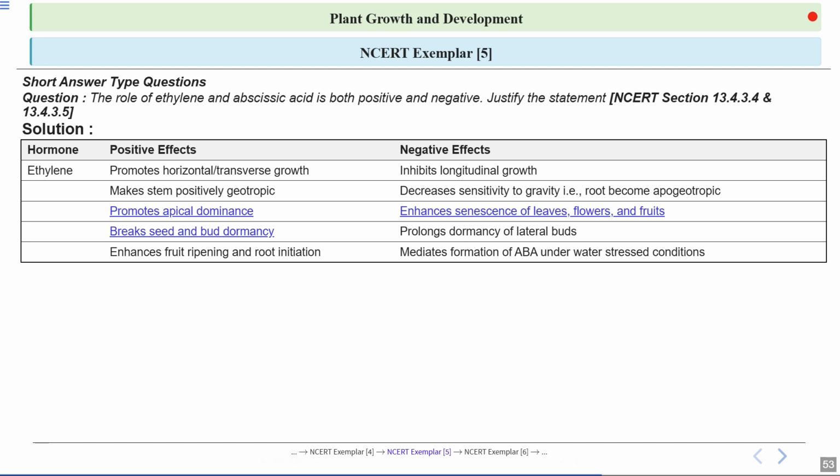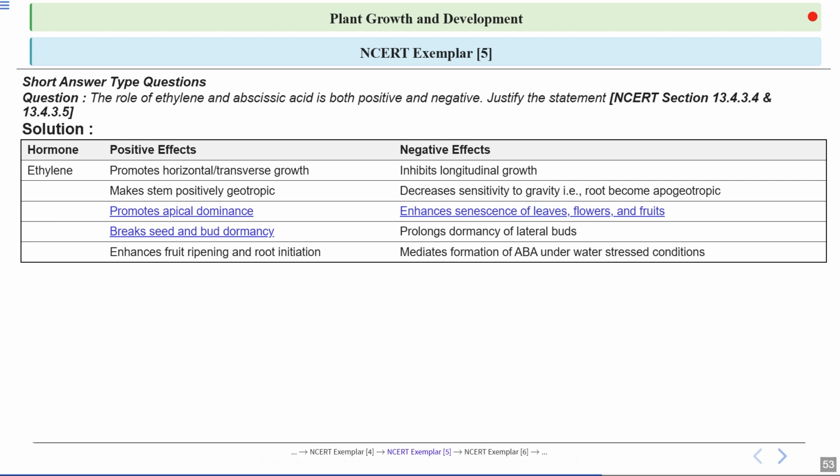Makes positive geotropic, means the roots go downward. It is showing the positive geotropic phenomena. Promotes apical dominance. Like we know that the apical dominance is given by the auxin hormone, but yes, ethylene is also promoting apical dominance. It breaks the seed and bud dormancy.